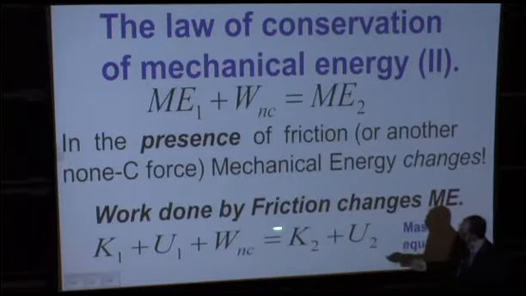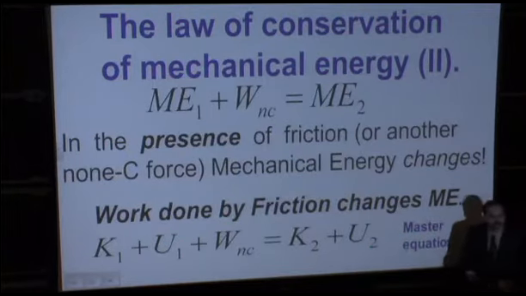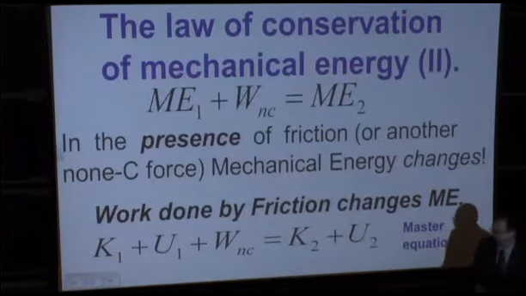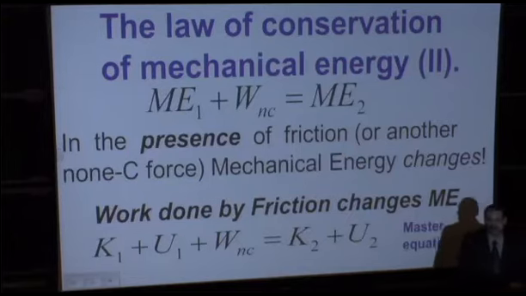So this equation normally has a name, master equation. It relates all possible energies and works involved in this situation. Kinetic energy initial plus potential energy initial plus work done by possible non-conservative forces gives us kinetic energy final plus potential energy final. This is no different from the work-kinetic energy theorem.